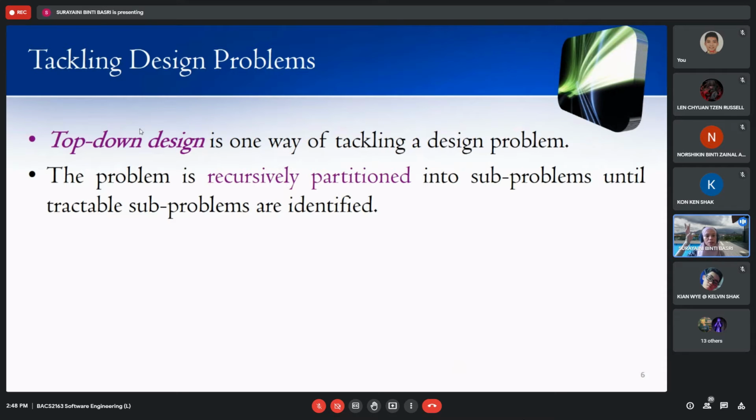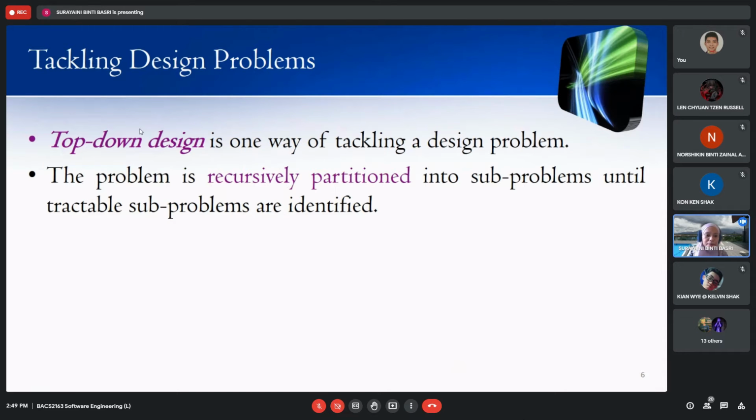After that, we see the subsystem that can be included in the system. After that, we take one subsystem and then we see what are the modules that should be included in each of the subsystems. And then after that, we see each of the modules, what are the functions or the individual components that are needed. So that is the top-down design.